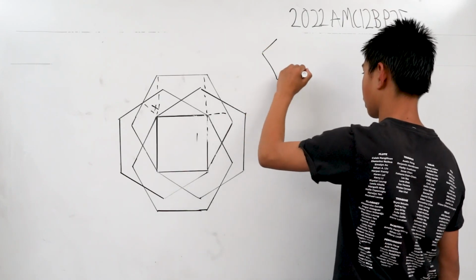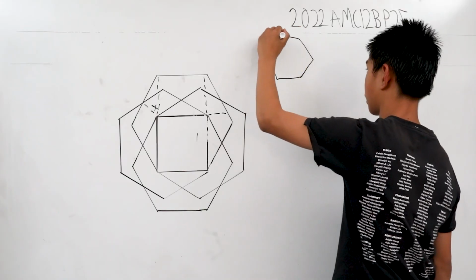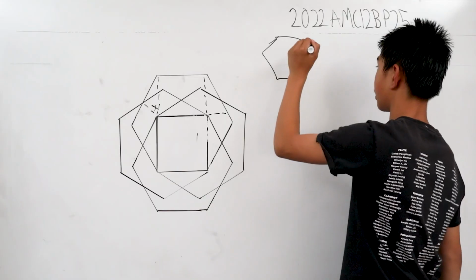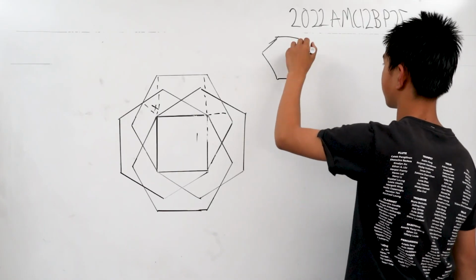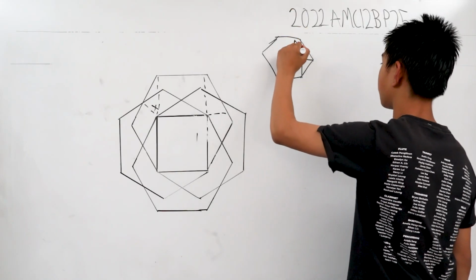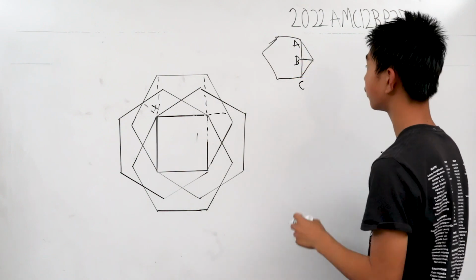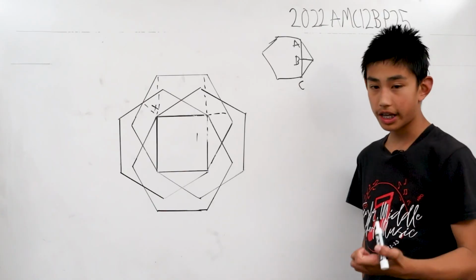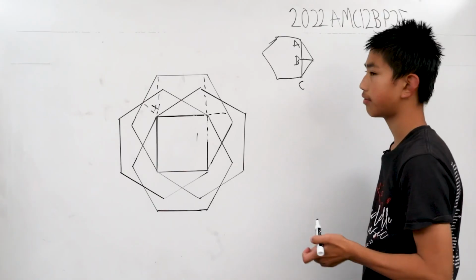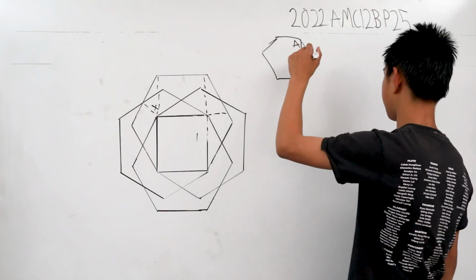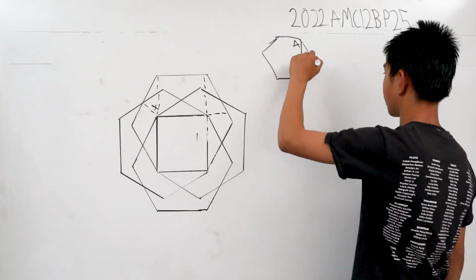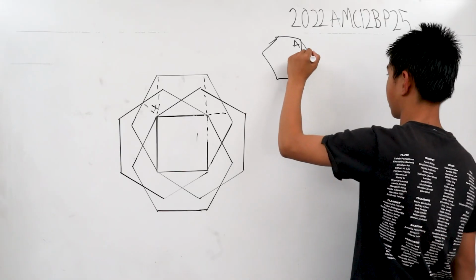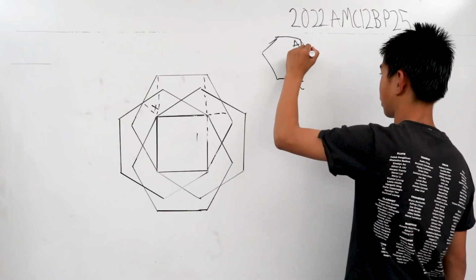Let's see here. If we just draw a hexagon like this, we note that this total length is going to be 3. Let's call these A, B, and C points, respectively. We know that since the sum of the angles in a hexagon is 720, each of these is going to be 120. So when you divide that by 2 with the vertical bisector, there's going to be 60, angle 30, and angle 90.